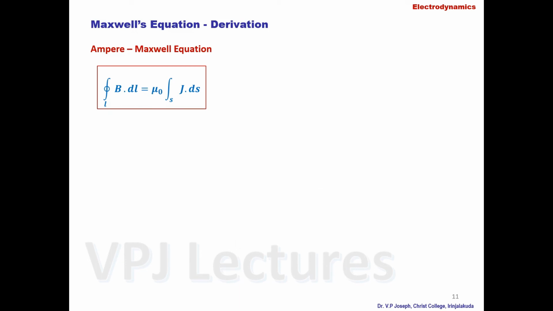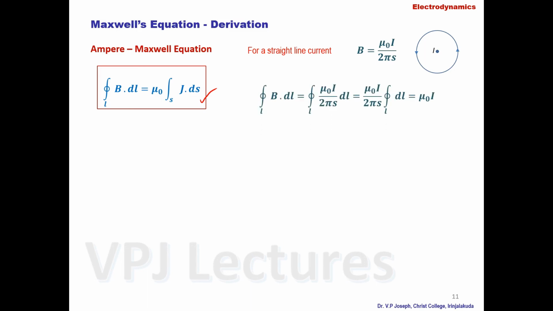Then the next one is the Ampere-Maxwell equation, that is closed line integral B dot dl is equal to mu 0 surface integral J dot ds. We have discussed this in the initial part of this lecture itself. We make the proof of this equation by simply considering a straight line current, and suppose at a distance s from this current, the magnetic field is given by B is equal to mu 0 I by 2 pi s.